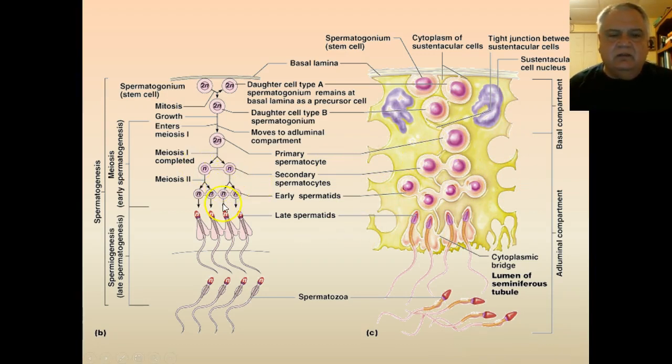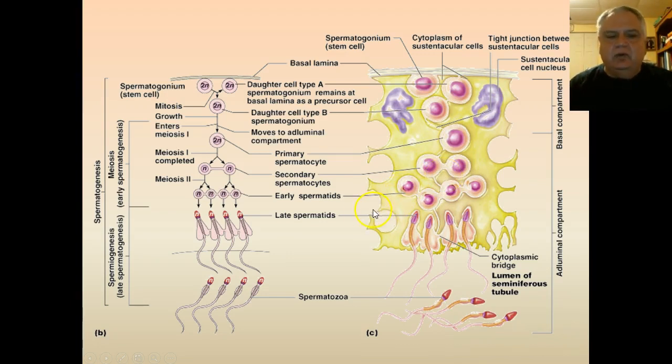This second meiotic division will not reduce the chromosome number any further, and one secondary spermatocyte will now form two early spermatids. This one becomes these two early spermatids. This one becomes these two early spermatids. Again, don't be confused by this line. This is only the border between the two sustentacular cells.